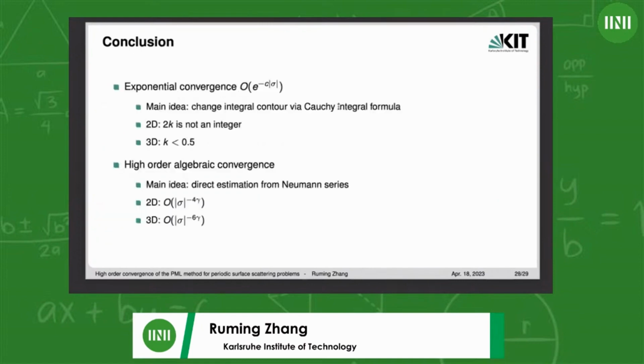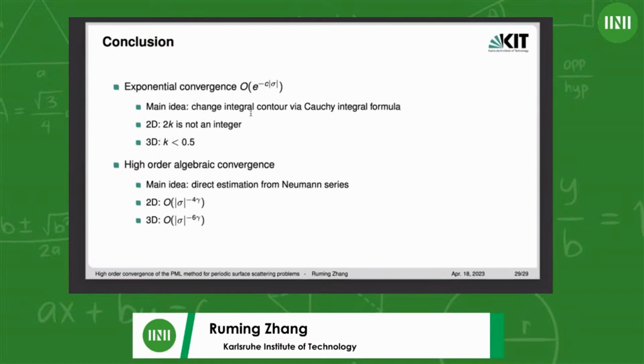So the conclusion. At the beginning, I mentioned the conjecture in the 2009 paper. This is the result I obtained at present. For some special cases, for the periodic surfaces, we can get the exponential convergence: for the 2D case, when 2k is not an integer, and for 3D, when k is smaller than 1/2.